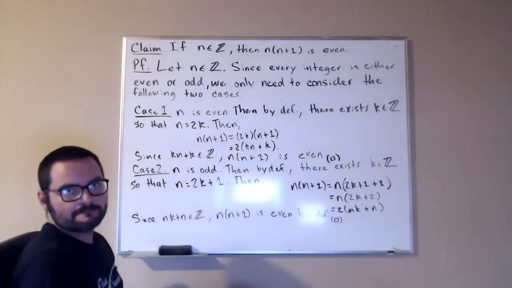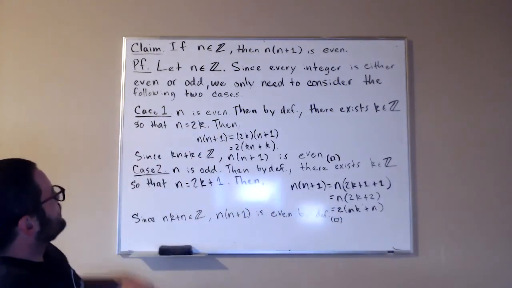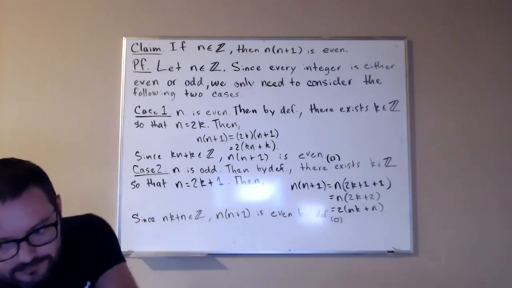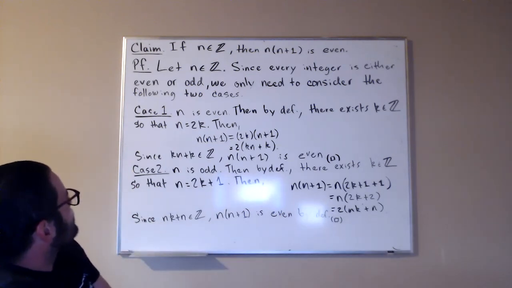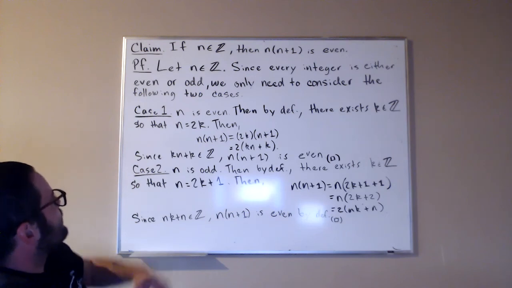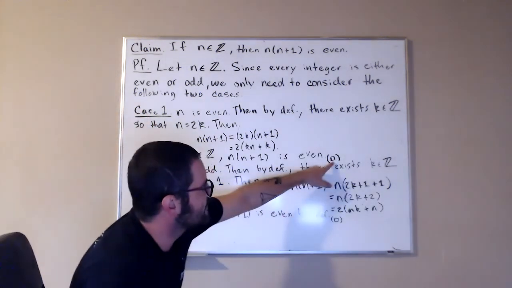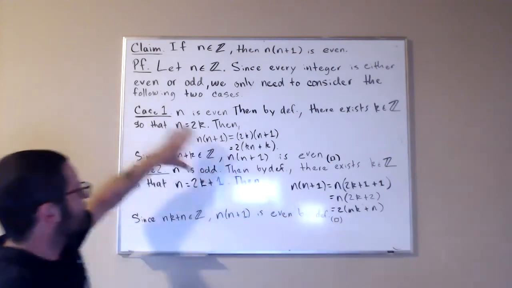Okay, so we just need to state that we've finished now. So we've proven case 1, we've proven case 2. There's a little baby QED to show that we've proven the cases.